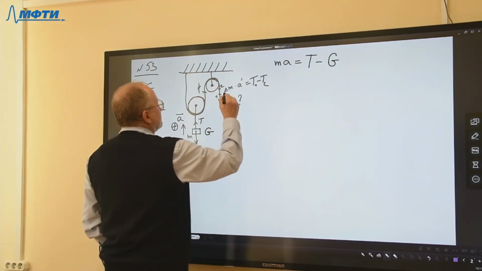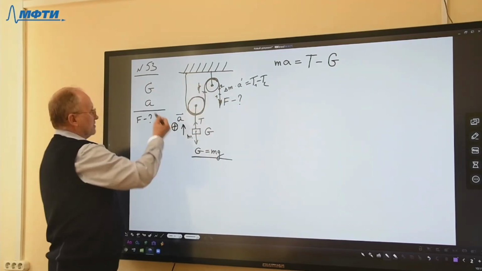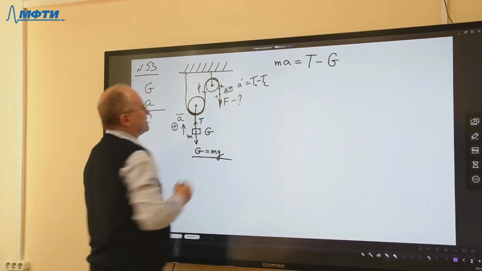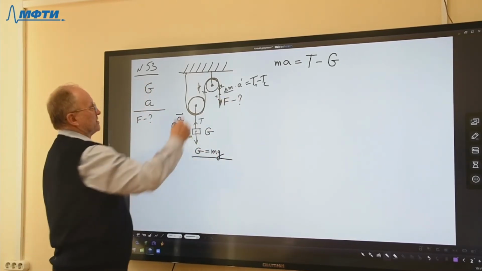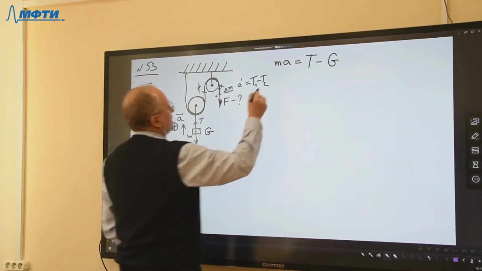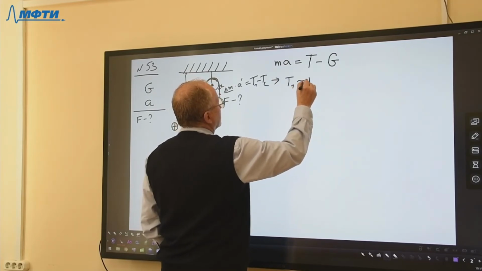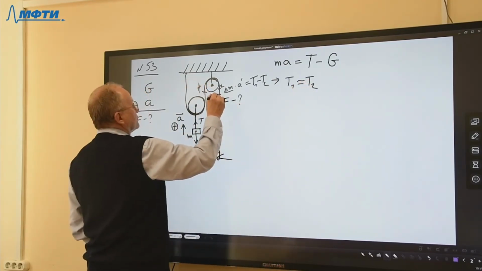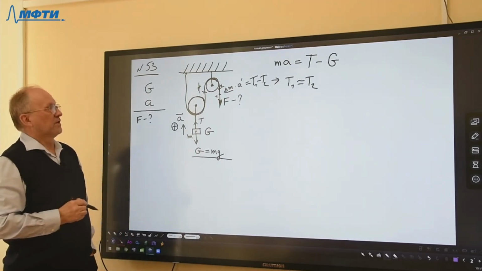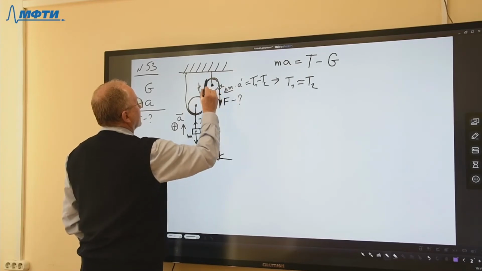The acceleration is non-zero, because everything is accelerating. But as delta m tends to zero, it's given to us that we have to neglect the mass of the string. As this is zero, we conclude that T1 is approximately equal to T2. Forces of tension at different points are the same. Therefore, the force of tension along the string is the same everywhere.